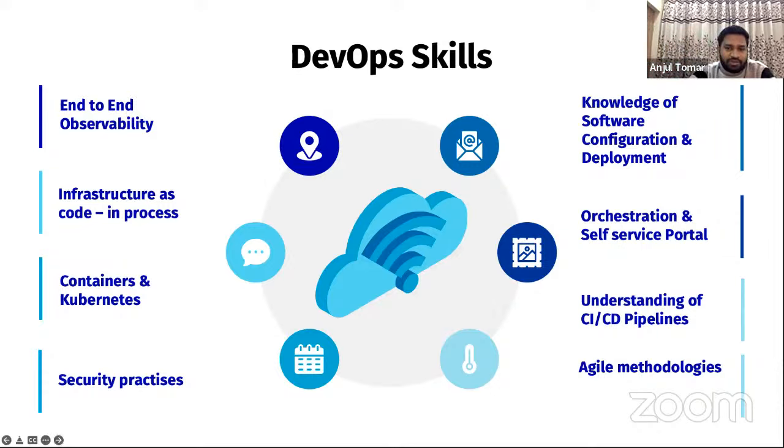Knowledge of software configuration, I have already covered. Sorry, that's duplicated. Infrastructure as code. This basically is, let's say, that you have to create one environment, and you have to make it DRY. You have to follow the DRY principle. What does DRY mean? DRY means do not repeat yourself.